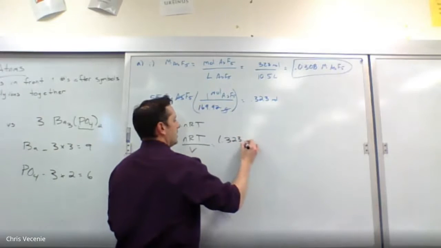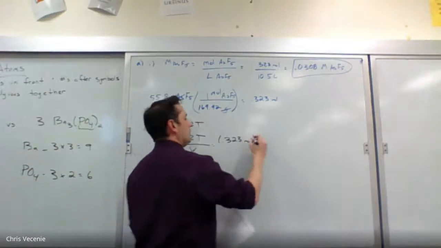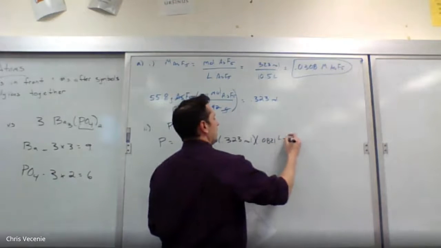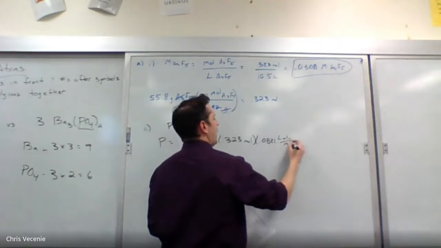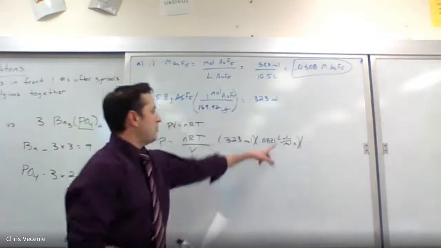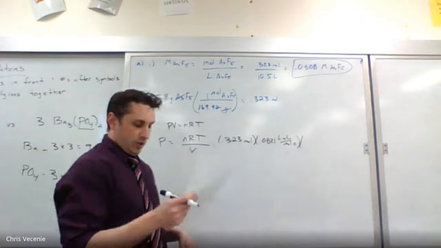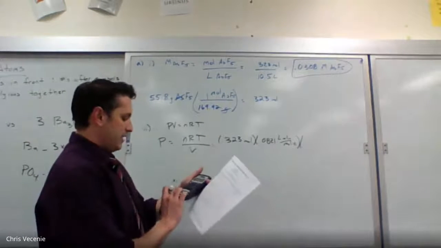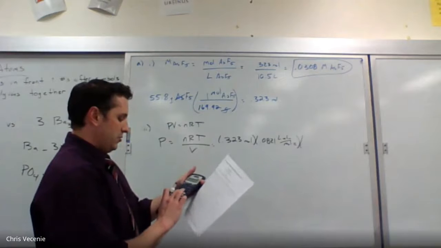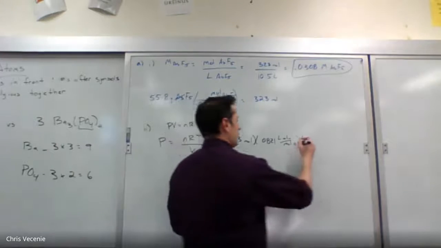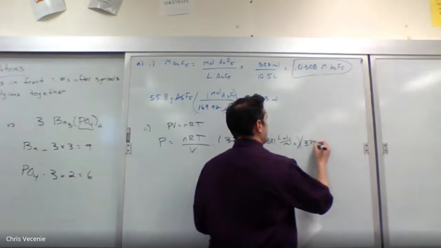0.323 moles times your constant R, which is 0.0821 liters atm per mole Kelvin. Temperature, just have to make sure it matches your R unit, so it's got to be in Kelvin. They listed it in Celsius, so we're going to have to take our 105 plus the 273.15 and stop that number at the decimal. Feels like 378.